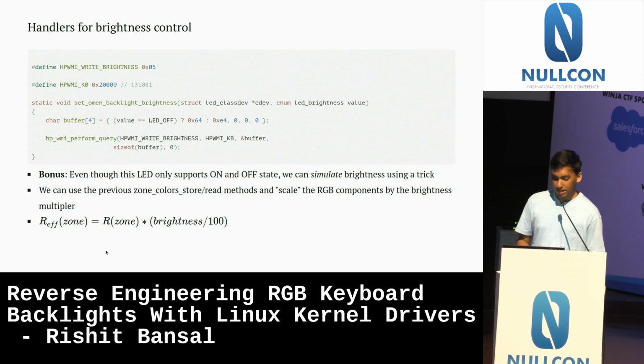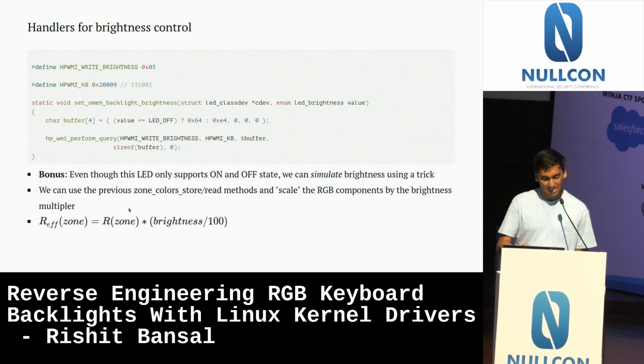And for the brightness control, this was actually really interesting. On the Windows side, when I got this laptop, it only had two states of brightness, either on or off, right? So you can't have a middle state. And this was a feature I did not like, because at night when your laptop is really bright, you want it to be a bit lesser.